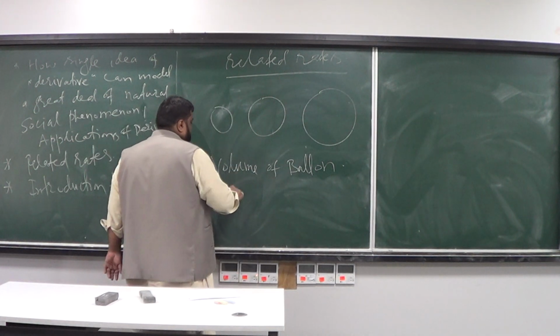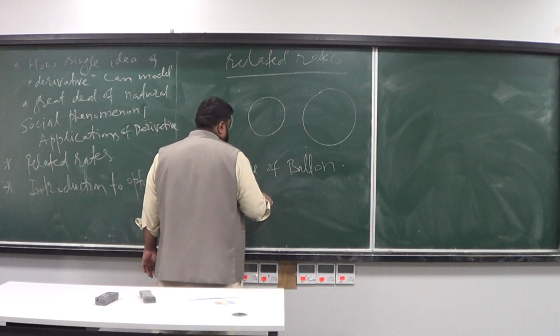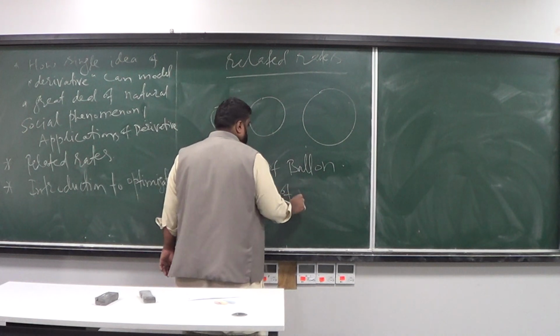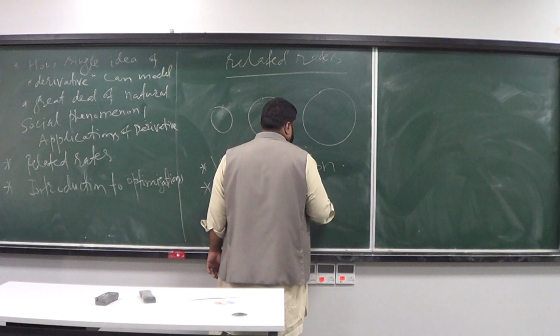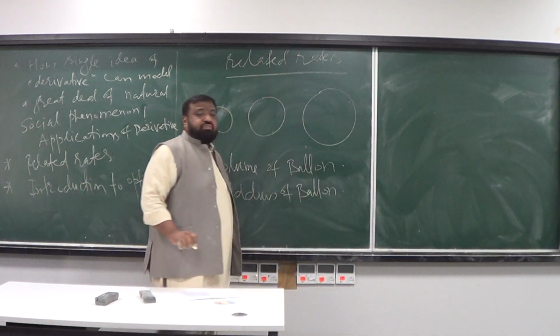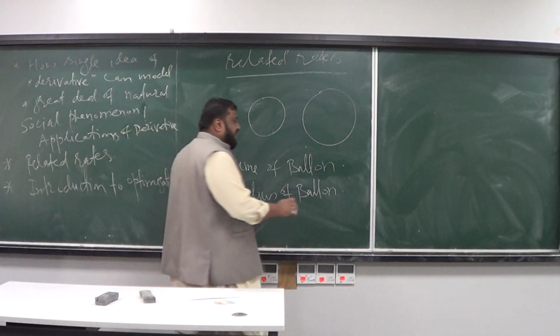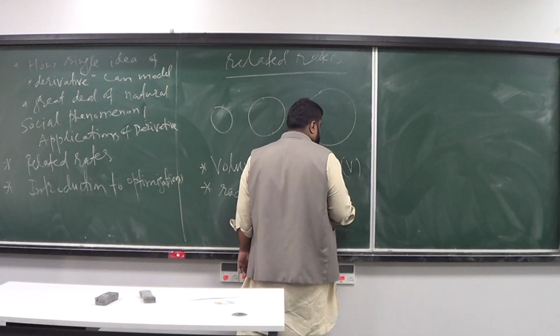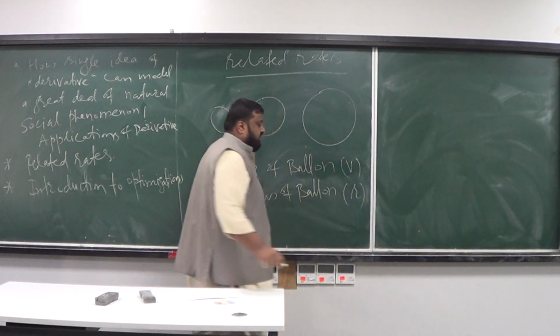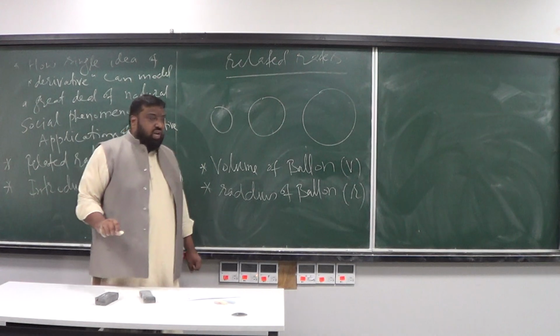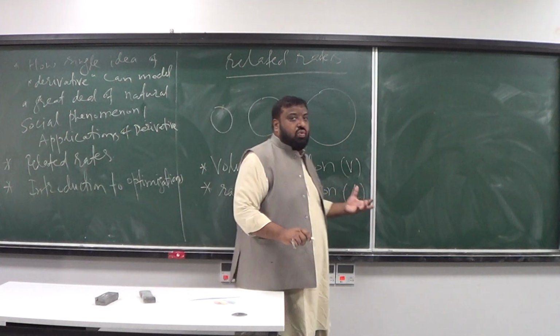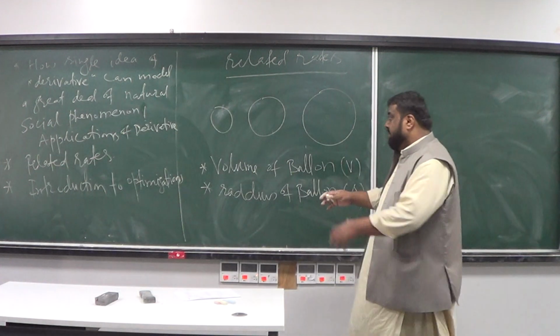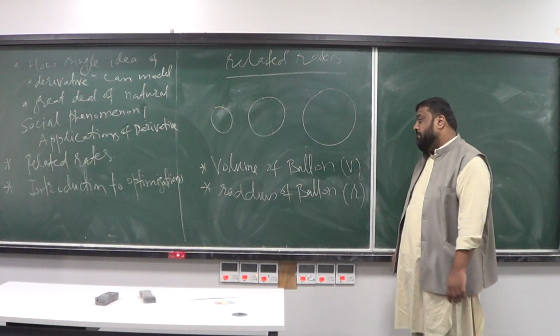Another quantity is the radius of the balloon. Let's denote the volume by V and the radius by R. These are the two quantities which are changing when the balloon is getting bigger.